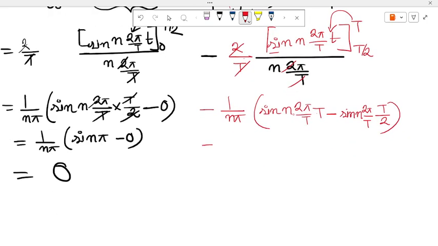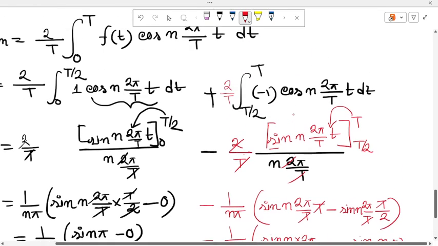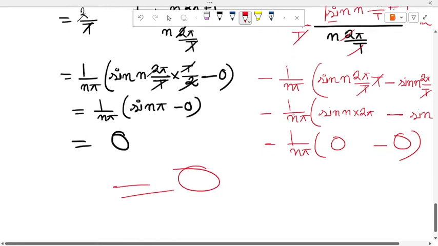T cancels out, so sine n into 2 pi, which is again equal to 0, then sine n pi, which is again 0. That means this term is 0 and this term is 0, so finally the whole an is equal to 0.